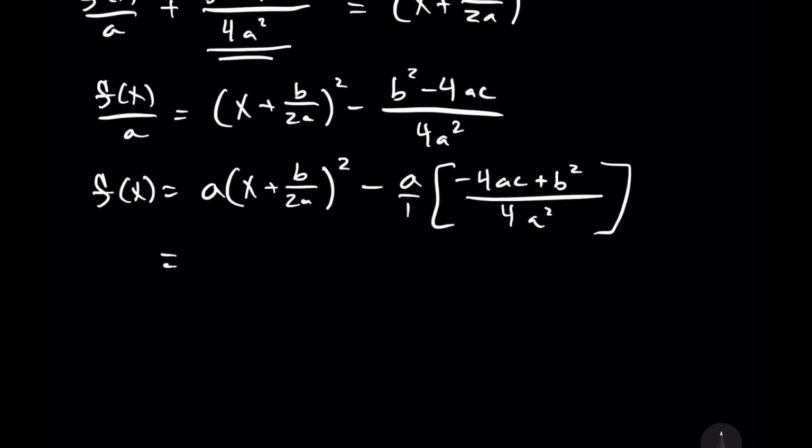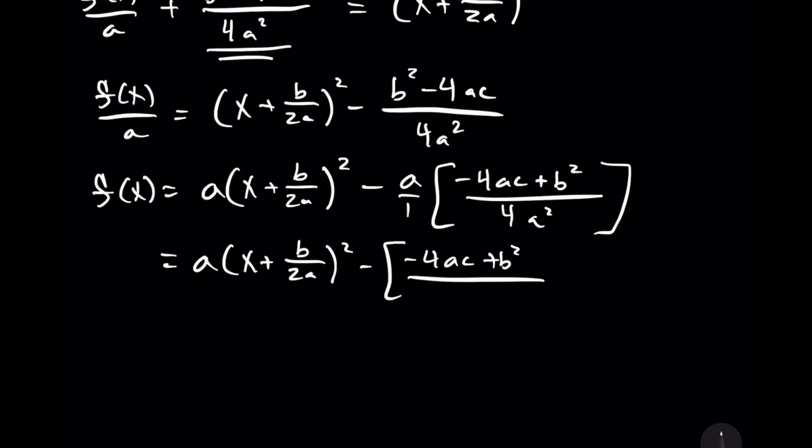Let's continue this. Okay, so a over 1, and then we have this 4a squared, so we just get a minus 4ac plus b squared over 4a.